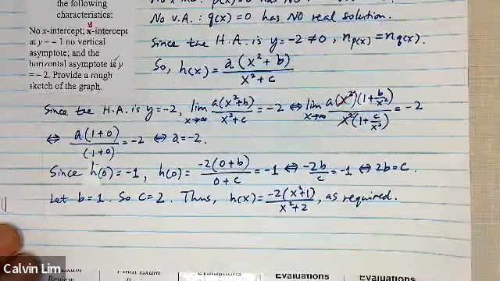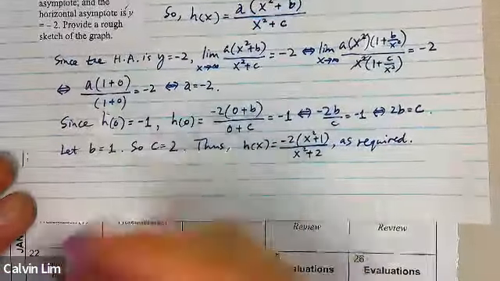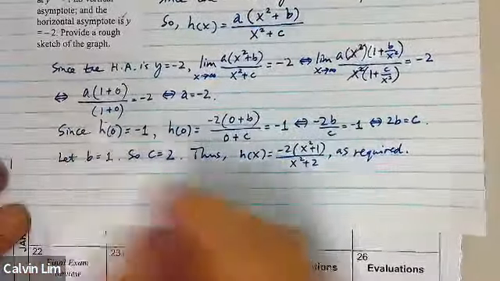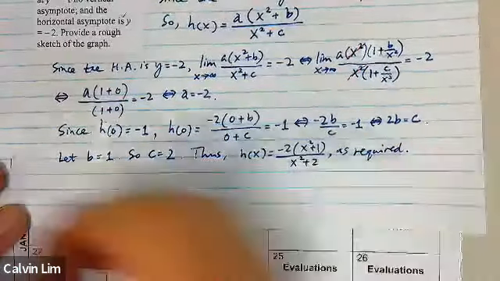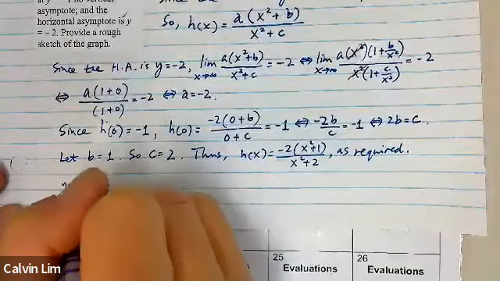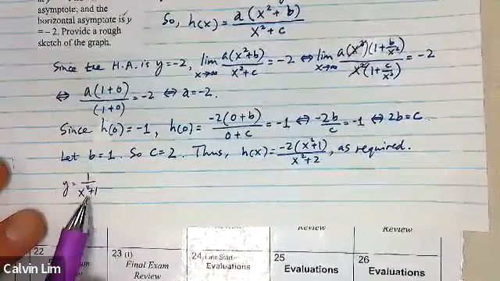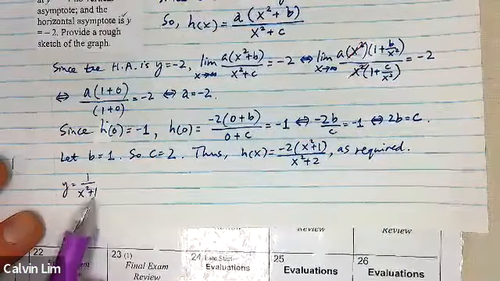As an alternate, if you know this, so this is complete. Think of 1 over x squared plus 1. What does this graph look like? I think I talked about this.